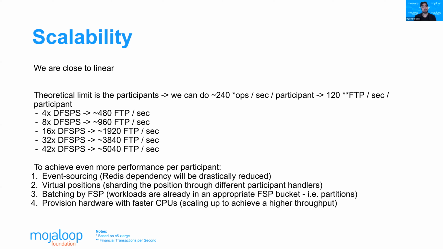And three is the batching. As I said, we are doing batching on the underlying Kafka libraries, but also trying to see what happens if we do batching by doing the calculations in a distinct batch.